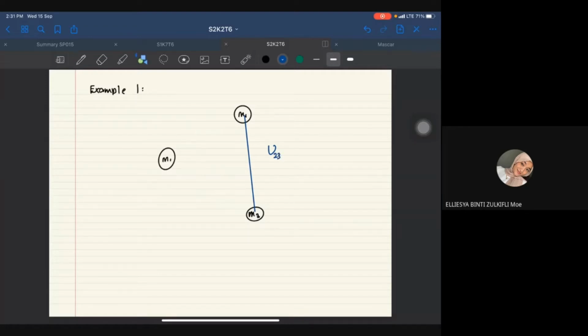And then over here we have U for 1 and 2. And then U for 1 and 3. Okay. The distance center to center is what we call the R.